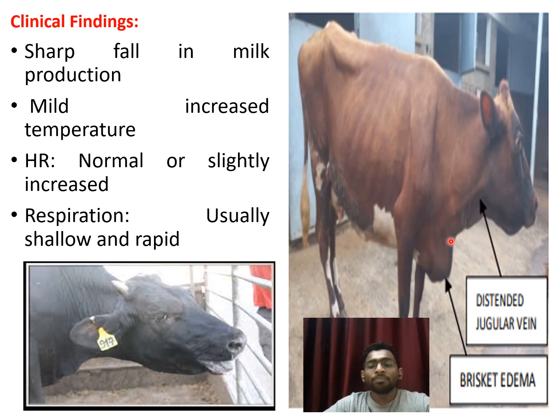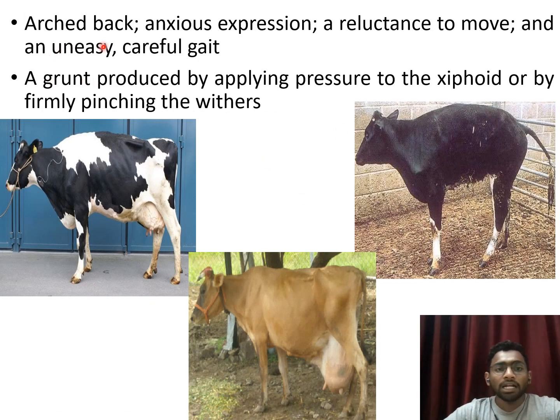These are also findings of TRP. And an arched back, anxious expression, reluctance to move, and an uneasy and careful gait. So the cow affected by TRP is unable to move and has an anxious expression.